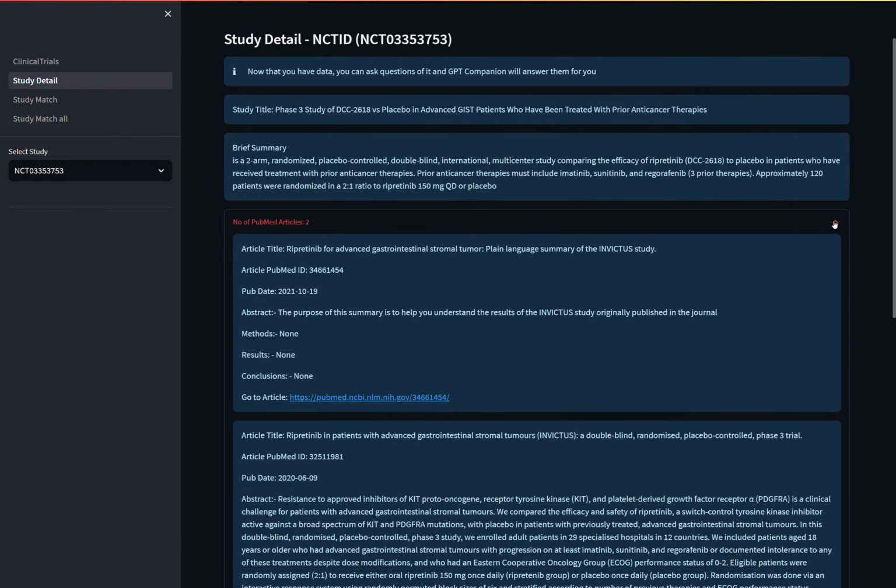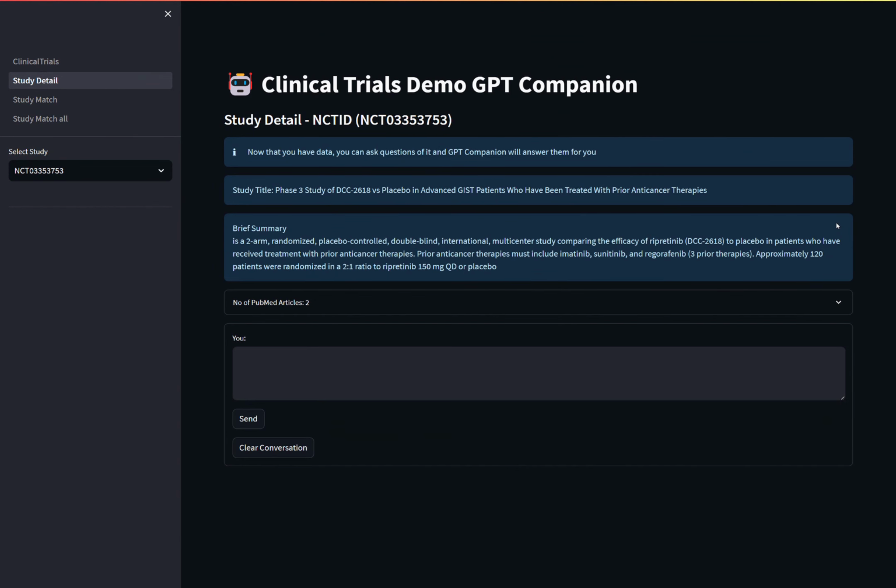But the cool thing that this demo does is it uses some of the data from the PubMed articles as part of the grounding information that's being fed into the LLM. The whole idea is that the user can now ask natural language questions of this study and also the article information that's along with it.